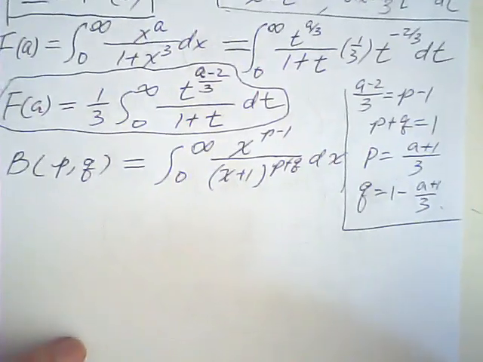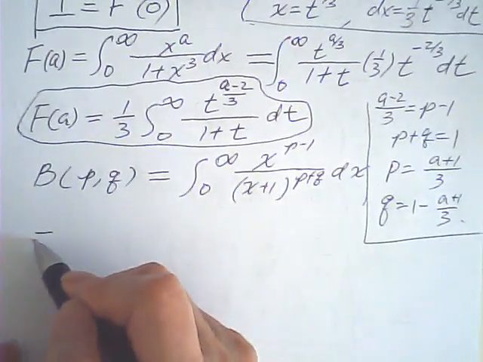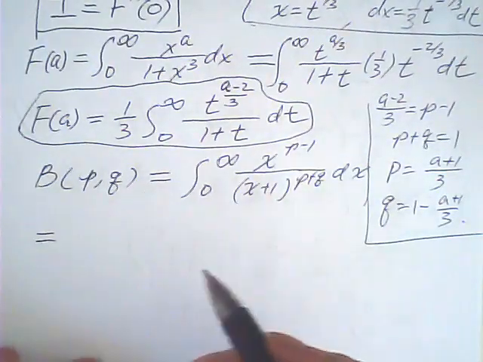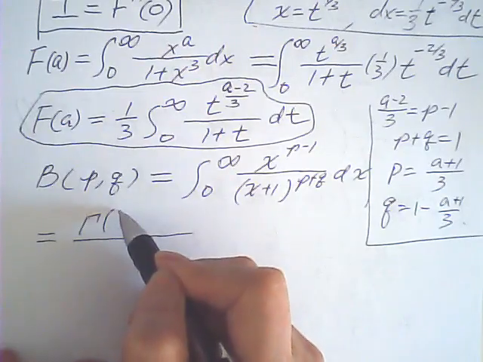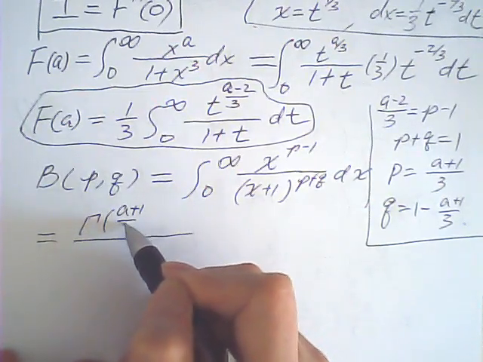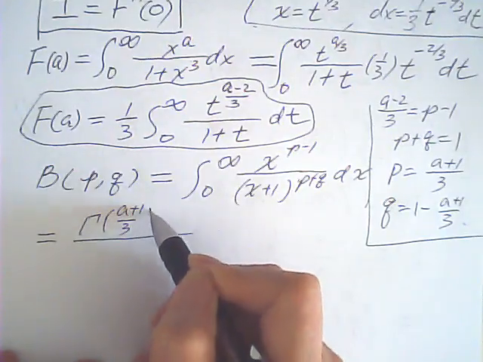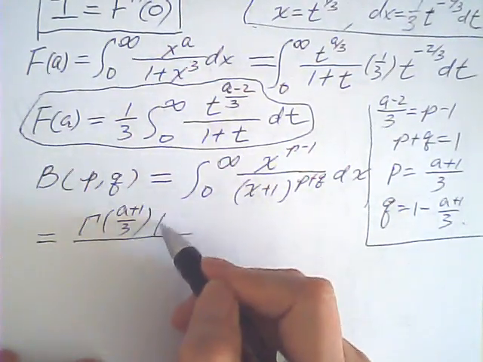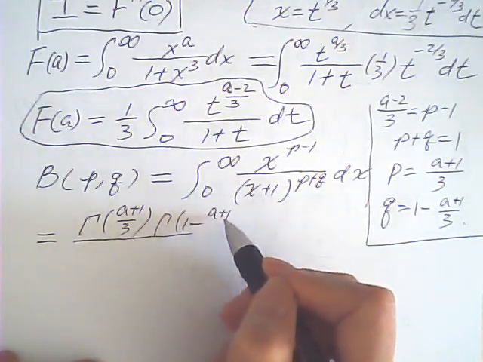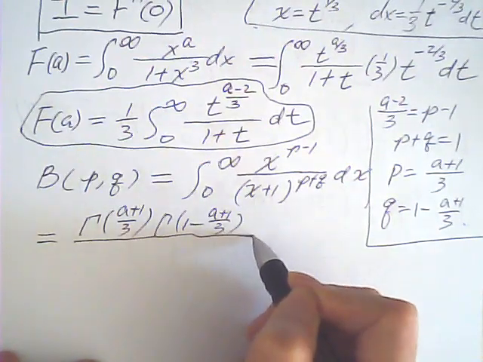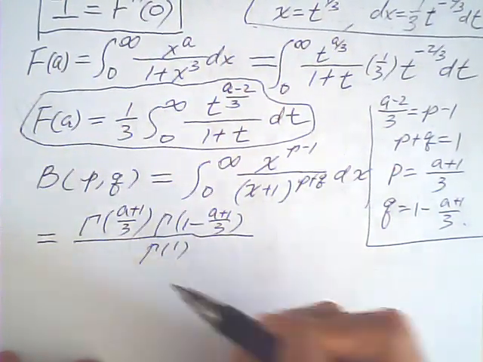Okay, good. Then this one is clear. This is equal to gamma of a plus 1 over 3 times gamma of 1 minus a plus 1 over 3, over gamma of 1, right?